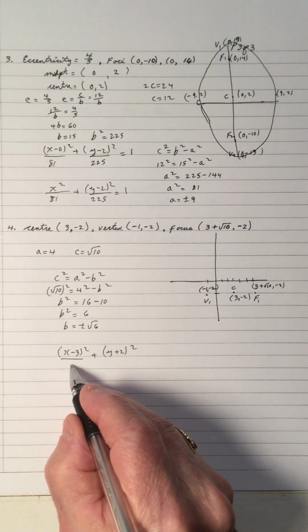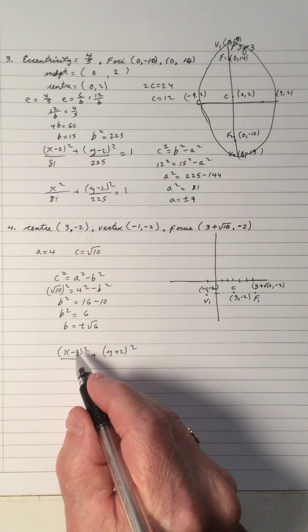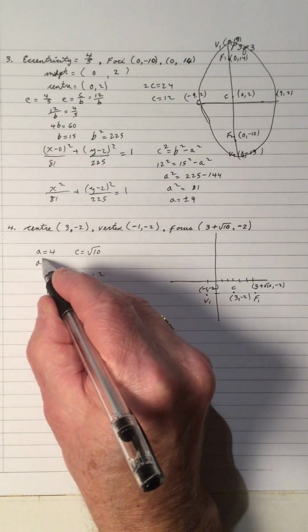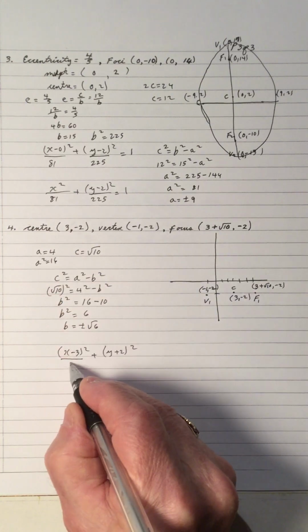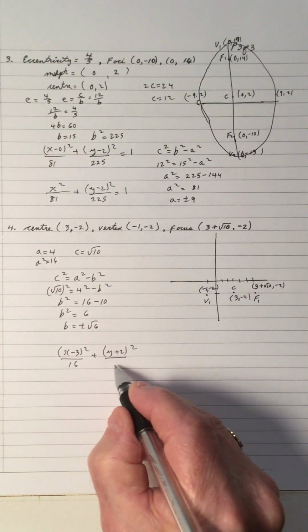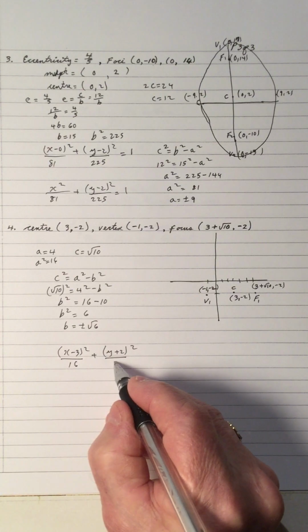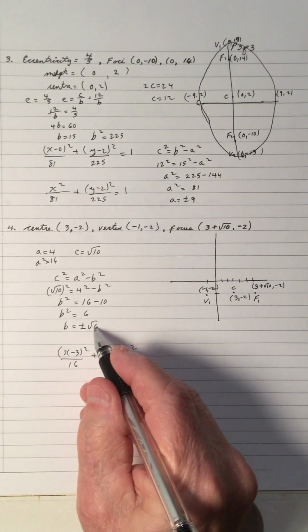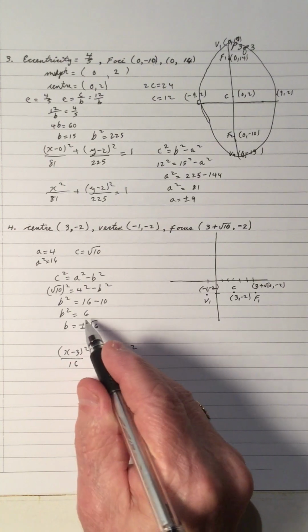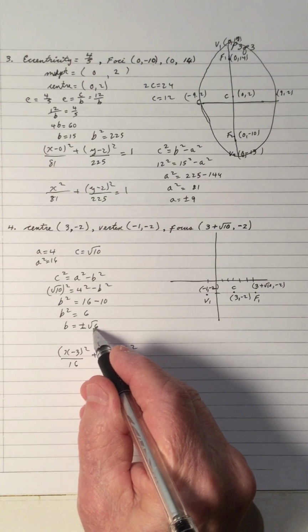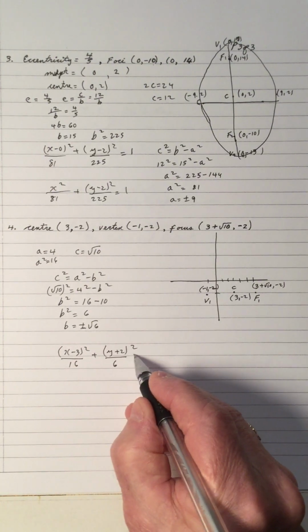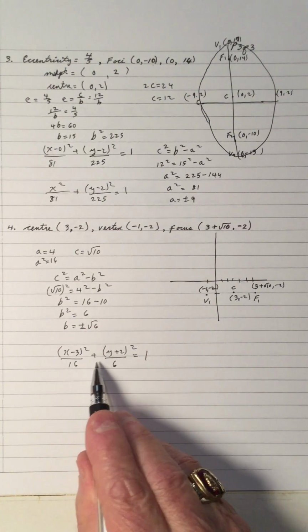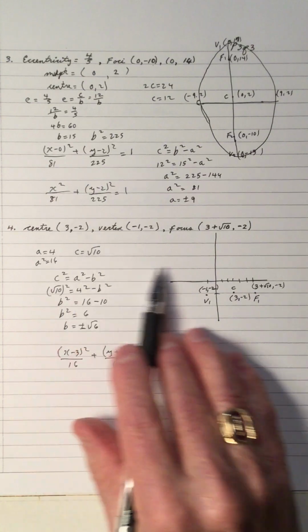And this is a squared, and a is 4, so a squared is 4 squared, which is 16. And this is b squared, and b squared is 6. So this is the equation that represents this ellipse.